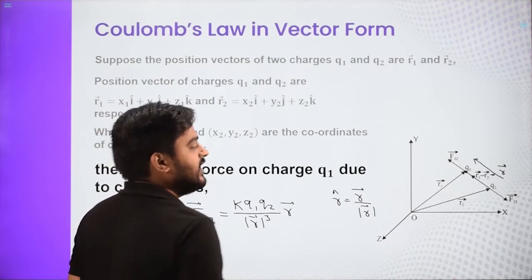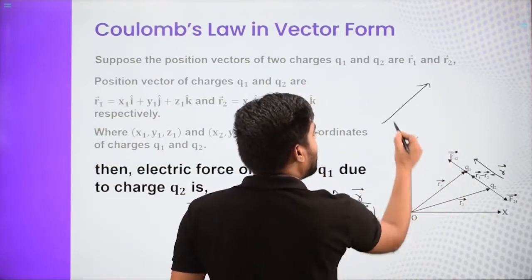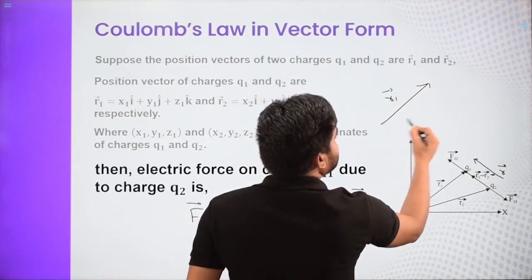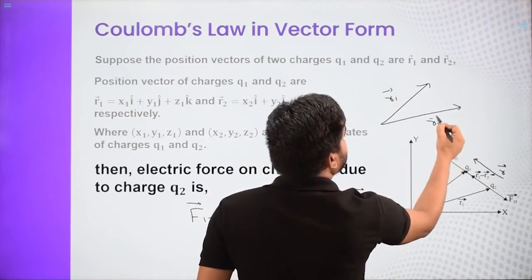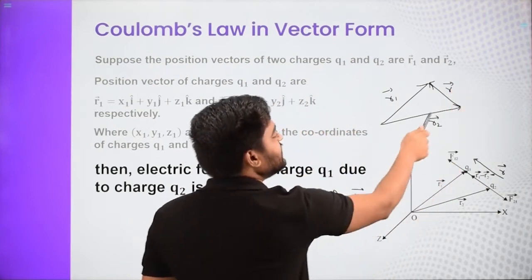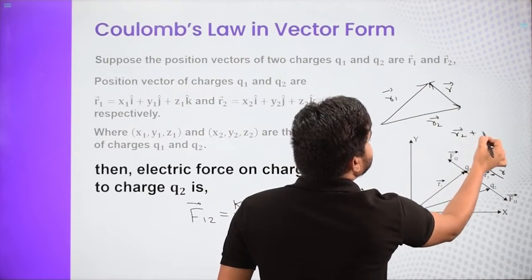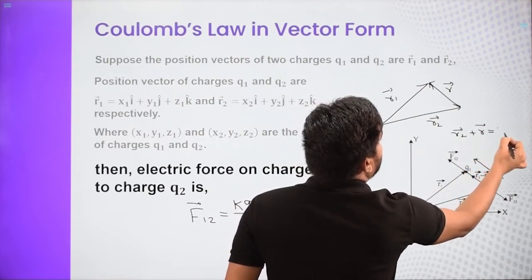Now I need to find the R vector. Think about this triangle. This is my R1 vector, this is my R2 vector, and this is my R vector. So I can say this vector plus this vector gives me that: R2 vector plus R vector gives me R1 vector.